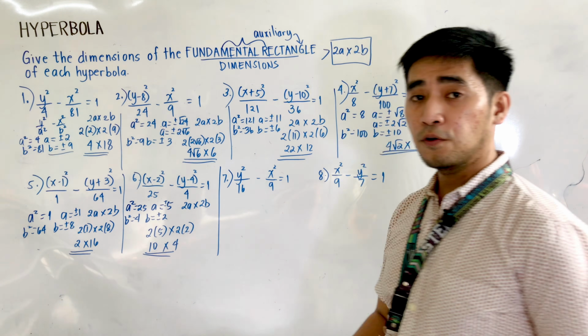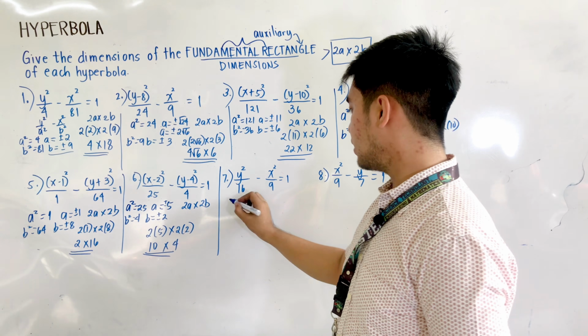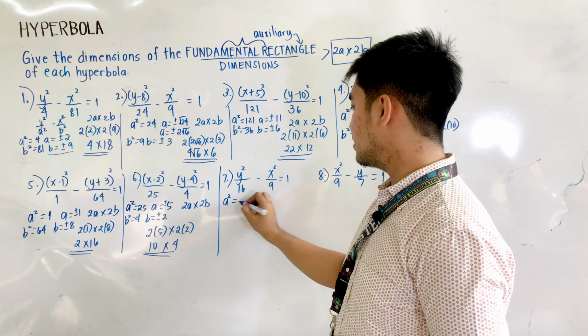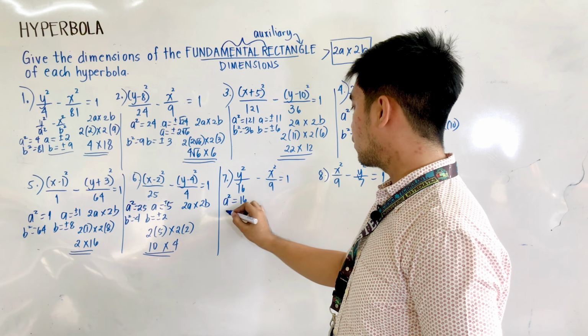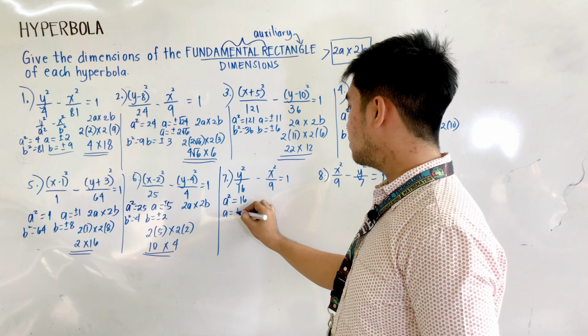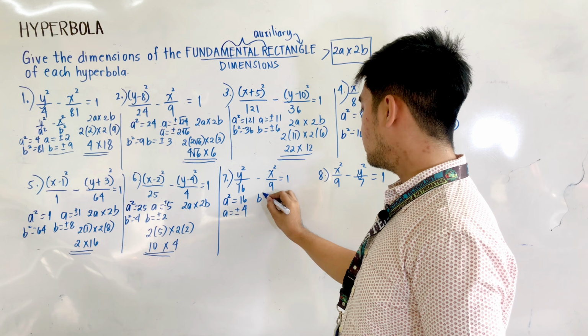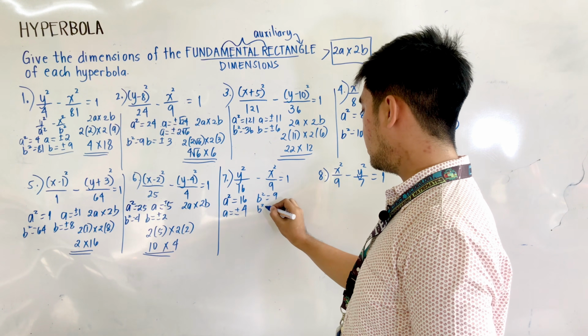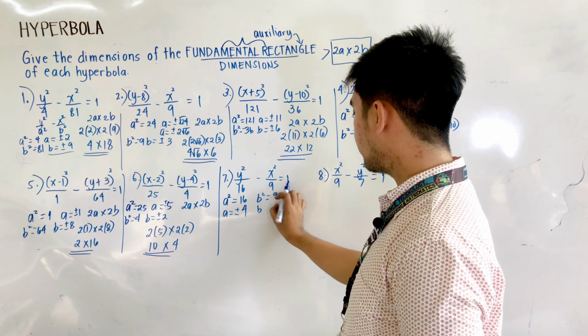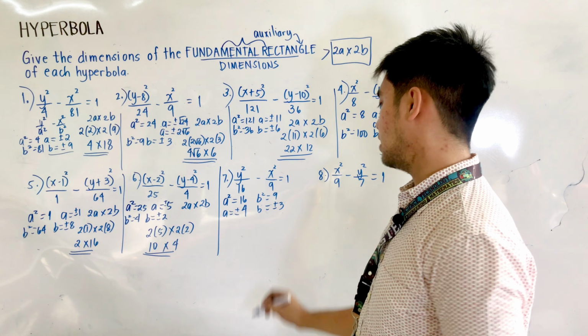Okay, how about for this one? For this one, a squared is equal to 16. Therefore, a is equal to plus minus 4. b squared is equal to 9. Therefore, b is equal to the square root of 9, which is plus minus 3.